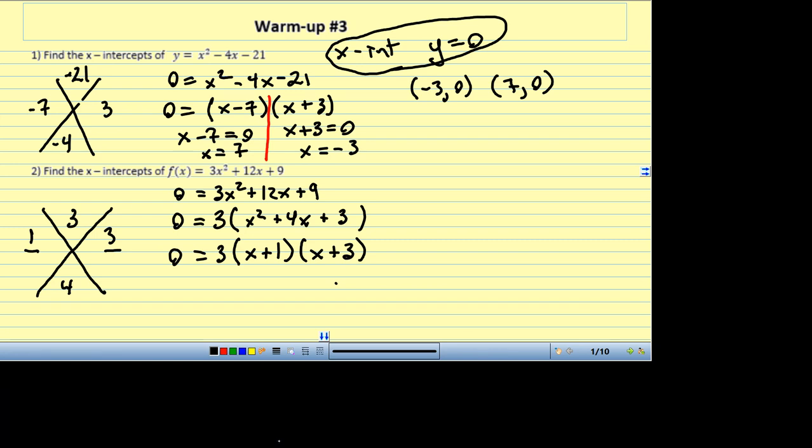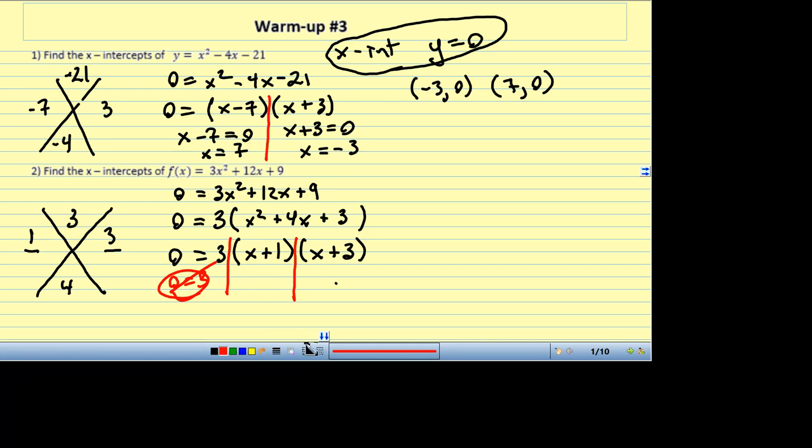Now I'm going to do exactly what you did before, which is split it up. First off, 0 equals 3. What? Yeah, don't even worry about that. You factored it out.